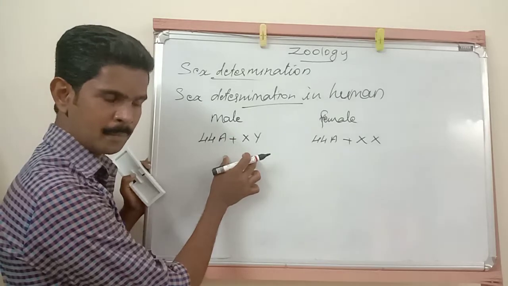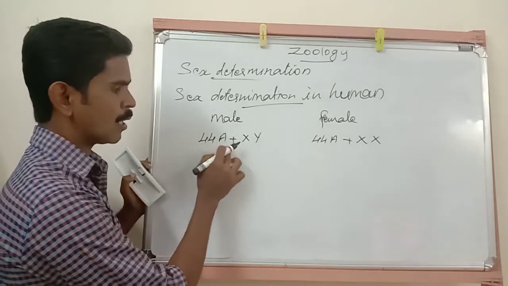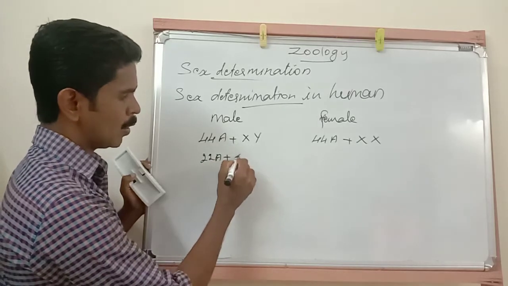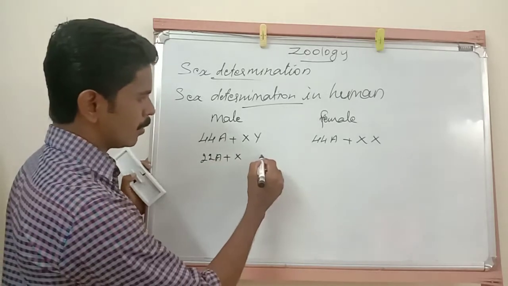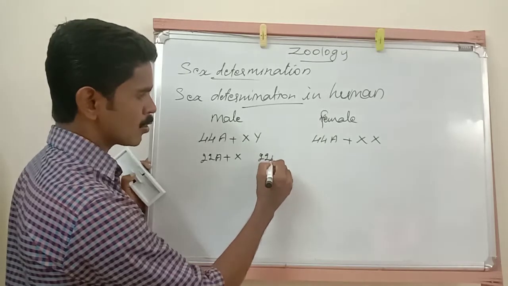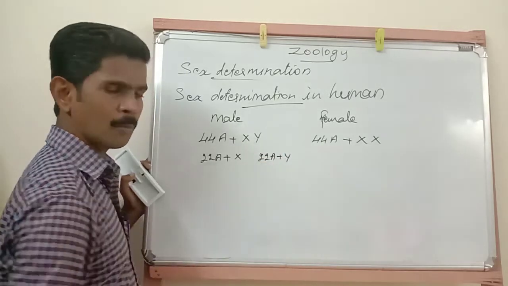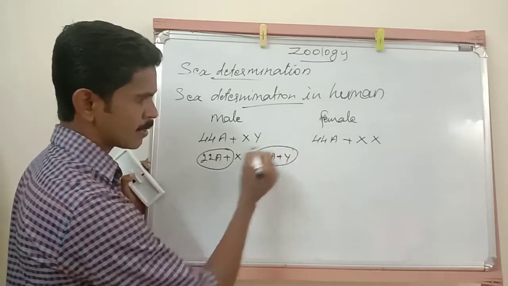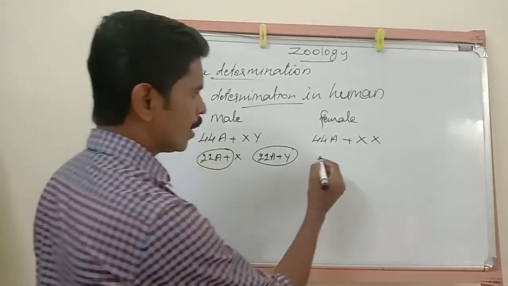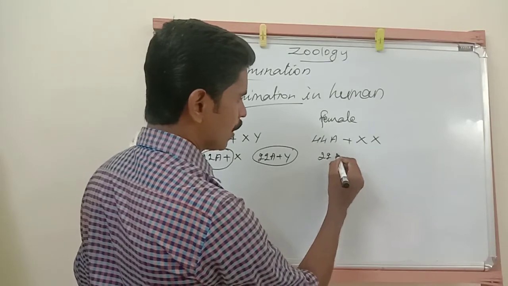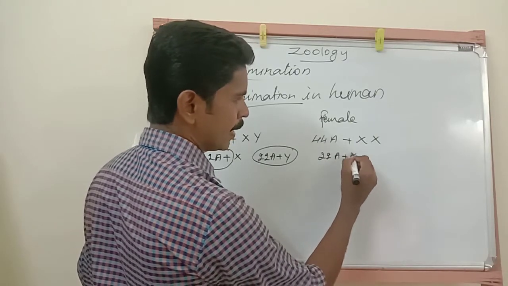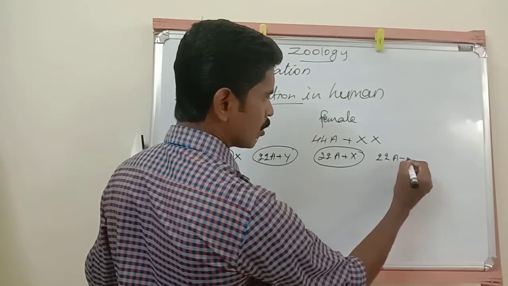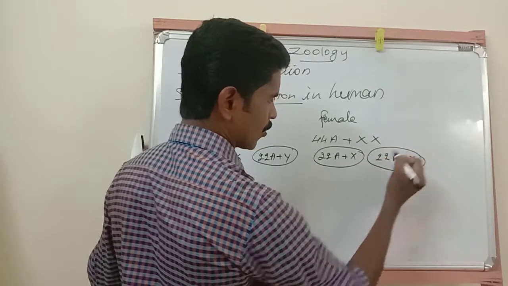Here 44 autosomes means 22 autosome pairs; so one sperm has 22 autosomes plus 1 X chromosome, and the other has 22 autosomes plus 1 Y chromosome. Then in female, the egg has 22 autosomes plus an X chromosome, and another egg has 22 autosomes plus another X chromosome.